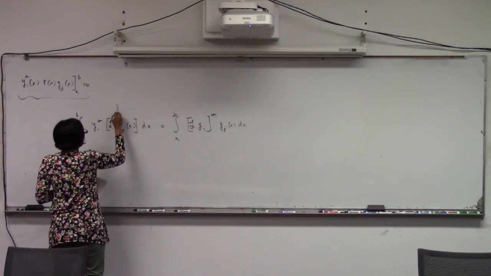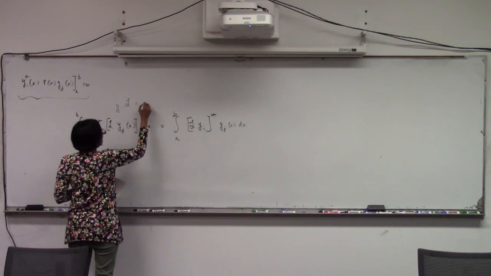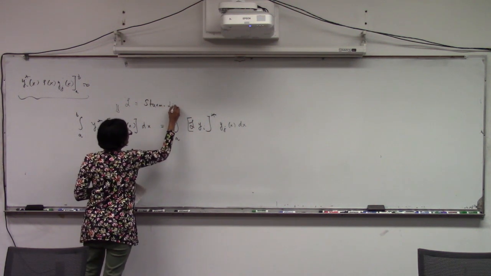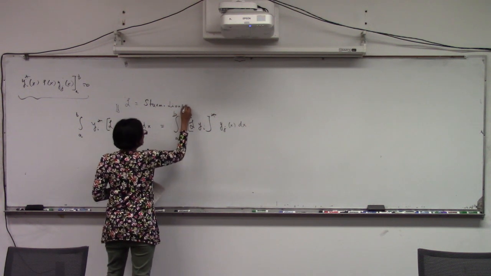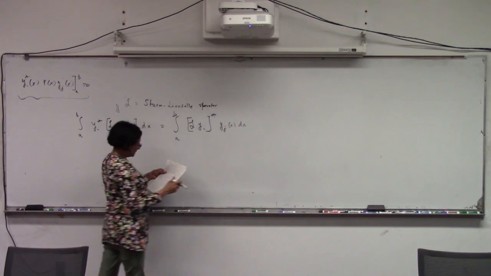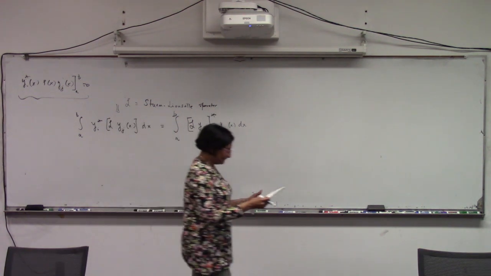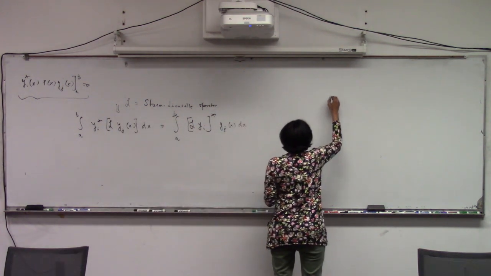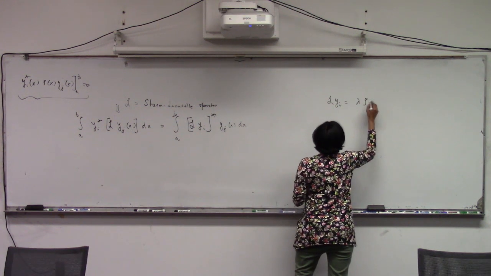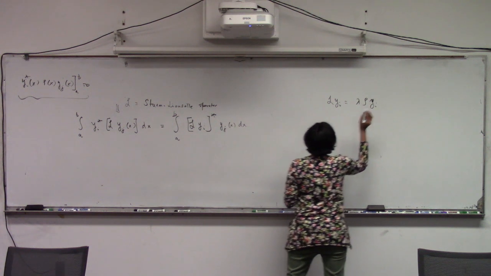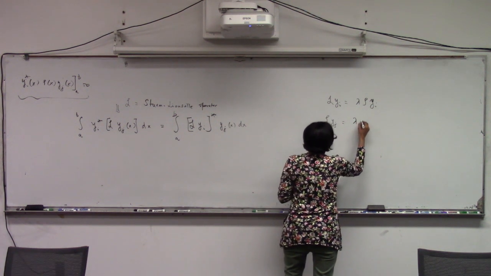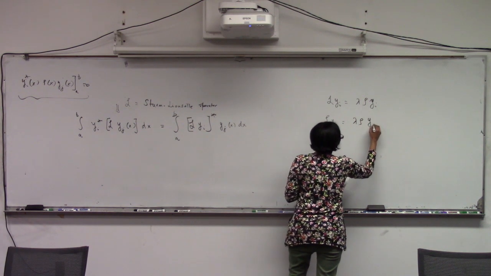So I'm assuming L to be already in your Sturm-Liouville operator. L operating on y_i is lambda rho of y_i. L operating on y_j is lambda rho of y_j.